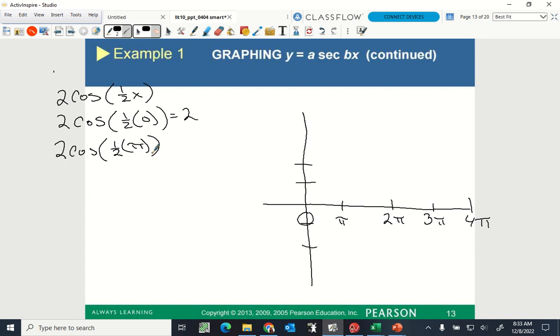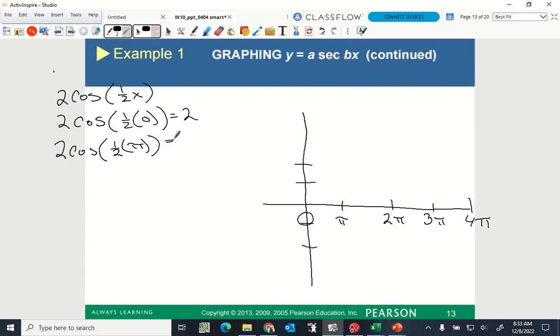So everything else is going to be the same, and then we are going to graph it. So we do all this, and then to graph it, we turn it into secant. Because you're going to have a lot that are asymptotes here, and whenever you see an asymptote, it's going to be undefined. And I'll show you where that happens.